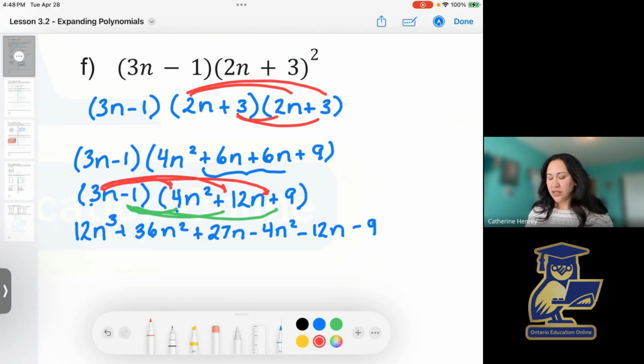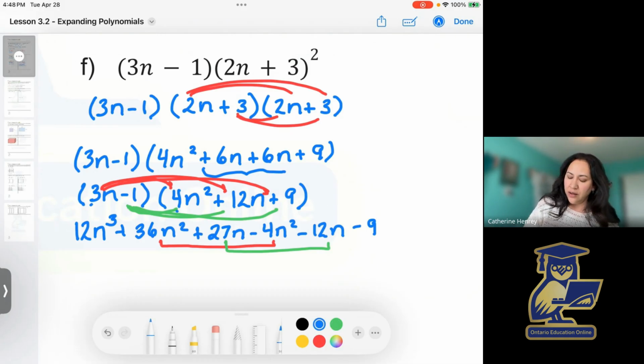So in this big, long expression, there's got to be some things that can be collected. And in fact, we have an n squared term there and there. And then we have an n term here and here. So those are the only things that can be collected.